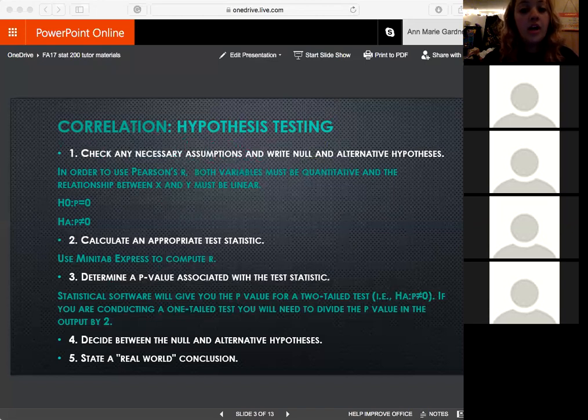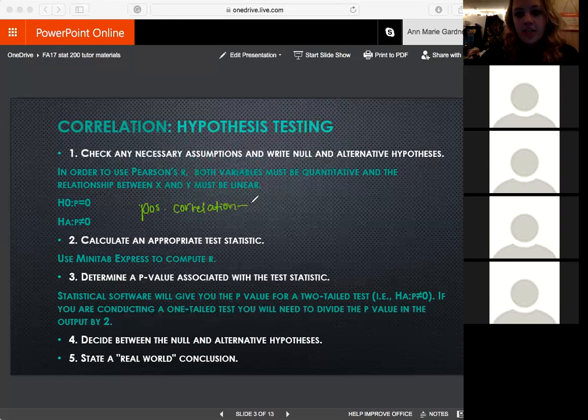So if you are conducting a one-tailed test, so if in reality it's saying, is there a positive correlation? That's when you're going to change your alternative to being greater than. So if your question is, is there a positive correlation?